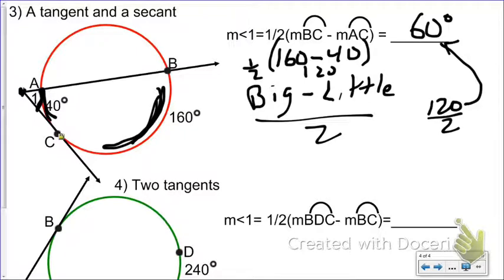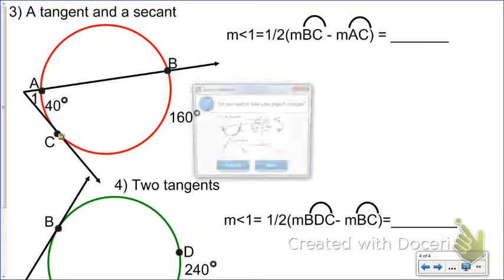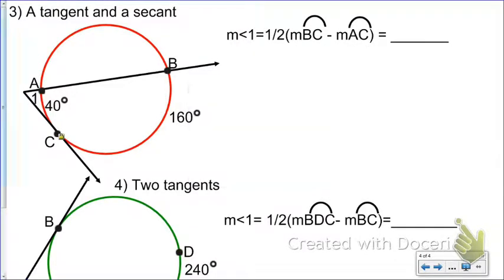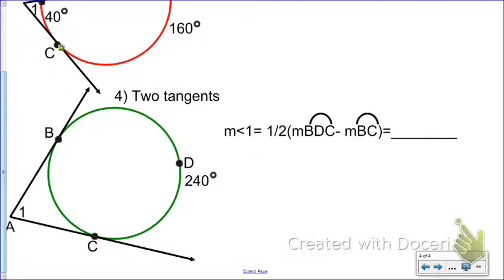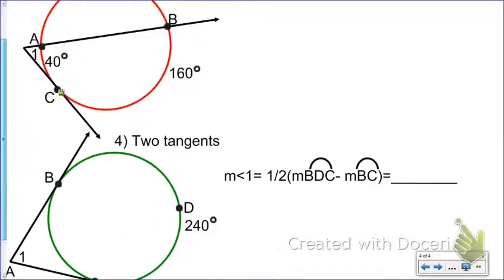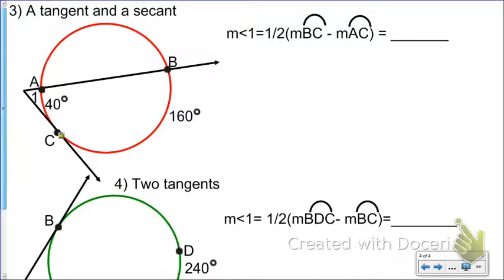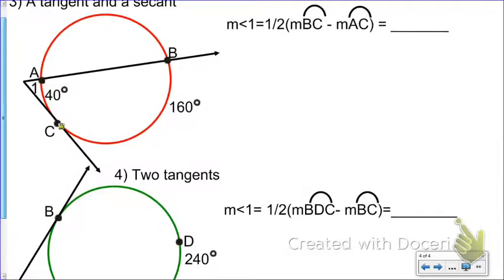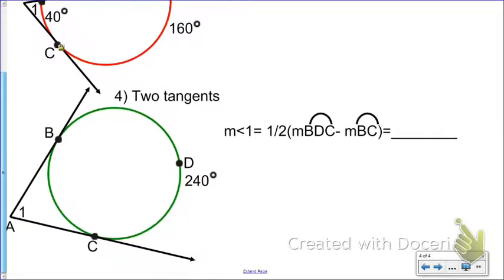Now the nice thing is this fourth picture is going to be the same way. There's going to be two arcs inside the angle. So let me scroll down here. Okay, so this picture is a little bit different. The first one had a tangent and a secant. This one, they're both tangents.